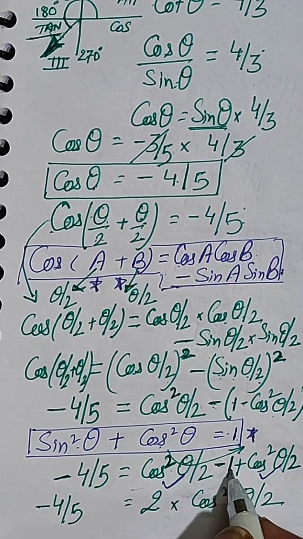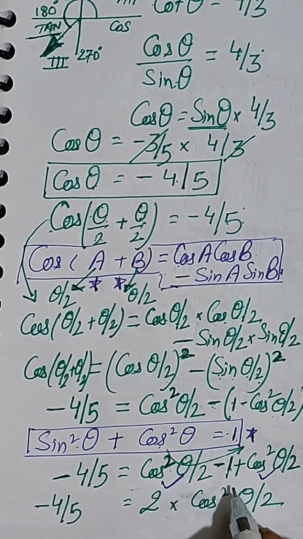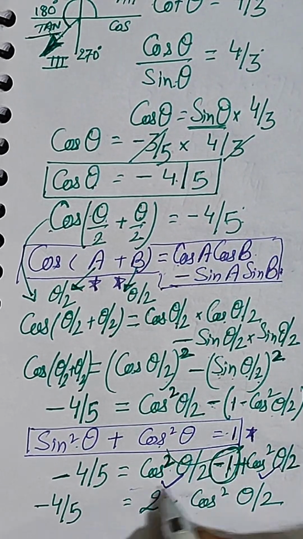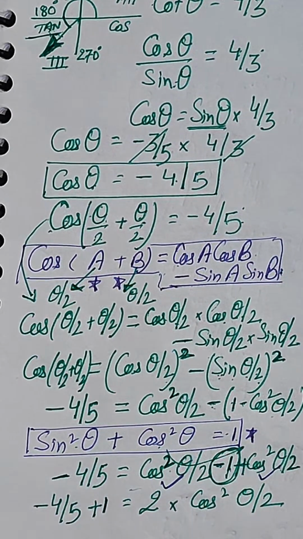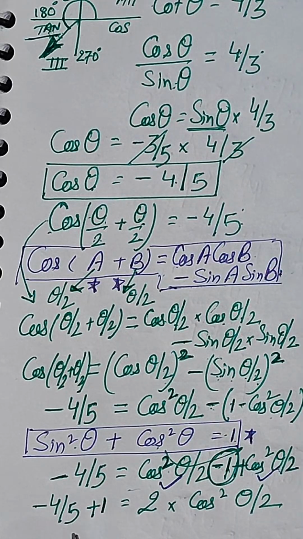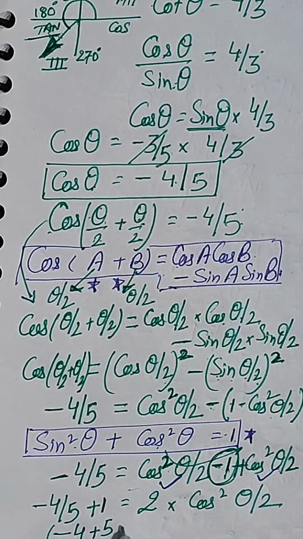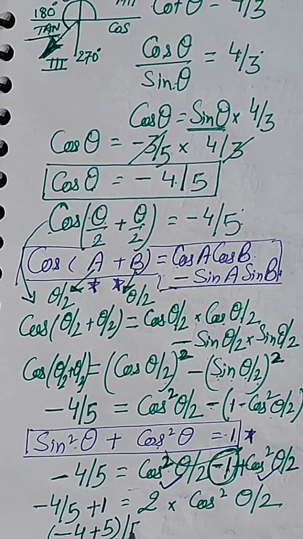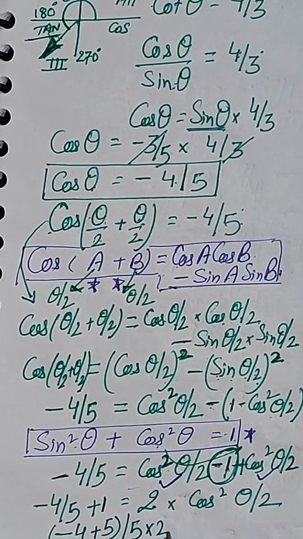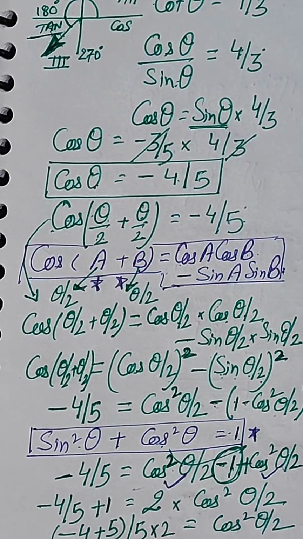If this minus 1 goes to the LHS from the RHS, then it becomes plus 1 over here, and this will give you minus 4 plus 5 divided by 5, and this 2 coming into the denominator is equal to the value of cos square theta by 2.